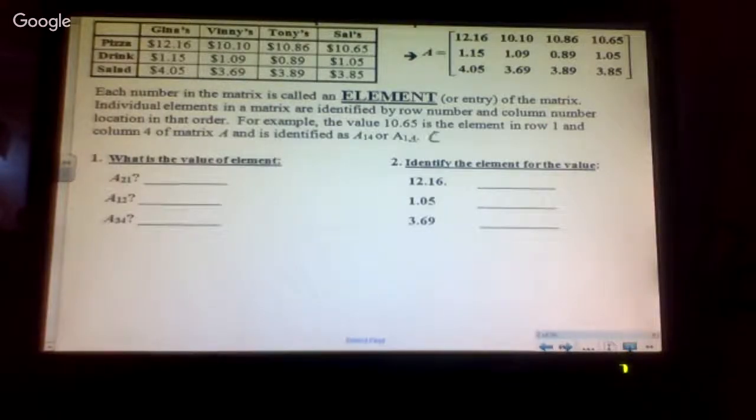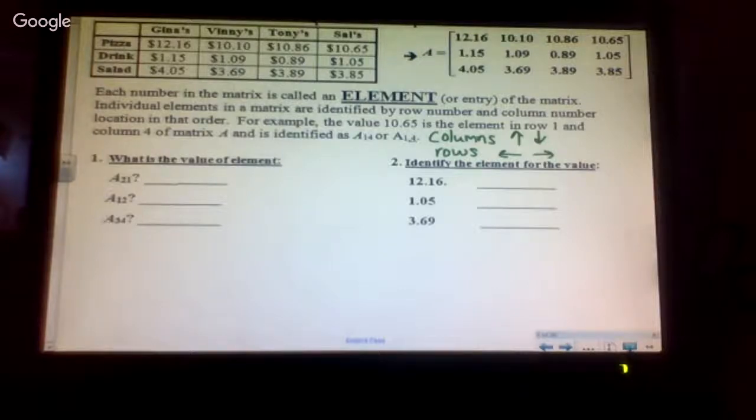Okay, so columns go up and down, and rows go left to right. It's always listed row by column. Sorry, not column by row, row by column.